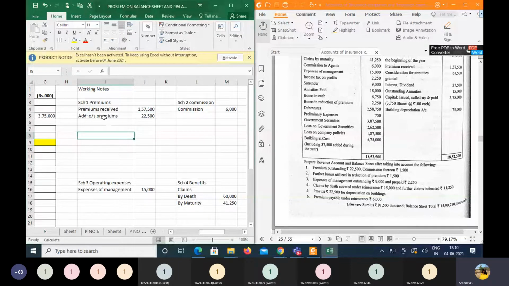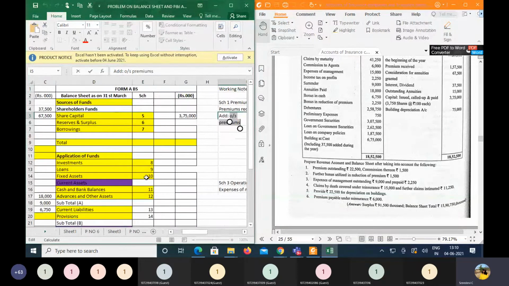Then the second effect of this outstanding premium is that any income which is outstanding will be taken into the balance sheet on the assets side. So if you have a look at the balance sheet on the asset side, that is, the current assets, right? Under the current assets, we have the cash in the bank, followed by the advances and the other assets.